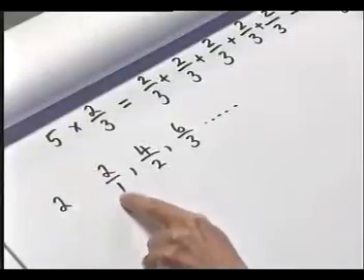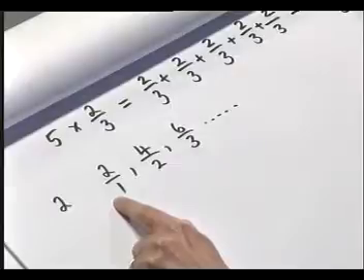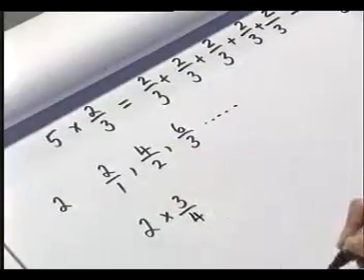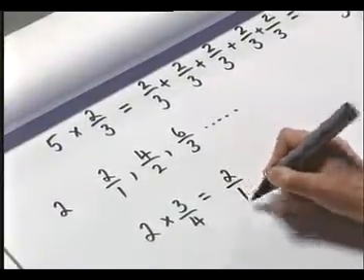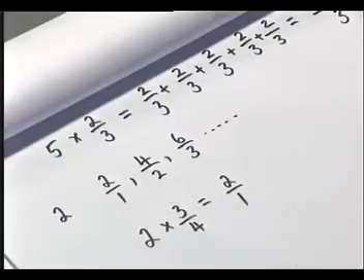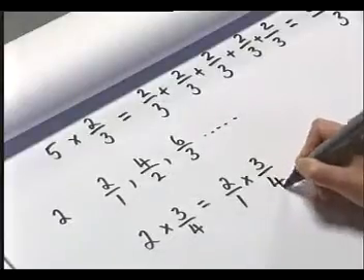So it's a numerator and a denominator, and these are all equivalent fractions to that 2 over 1. So another example, 2 times 3/4, we can write as 2 over 1. So we've made our whole number into a fraction times 3/4.